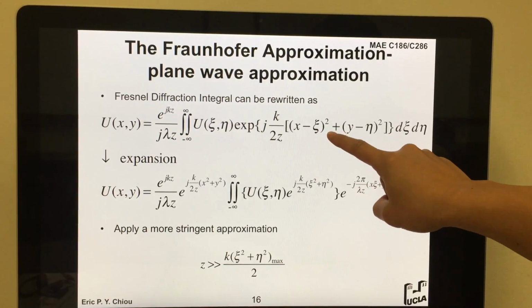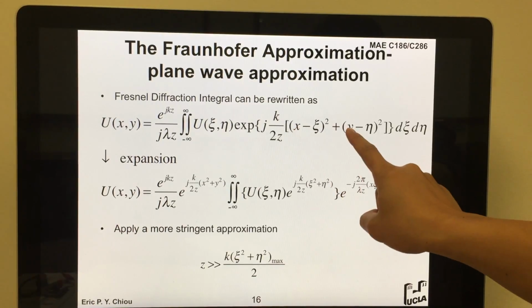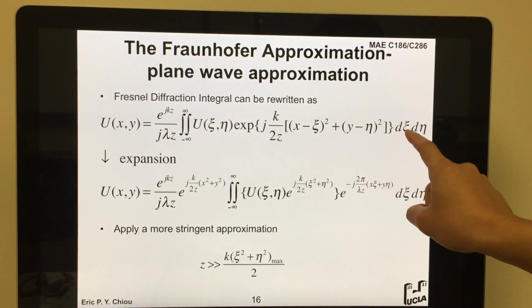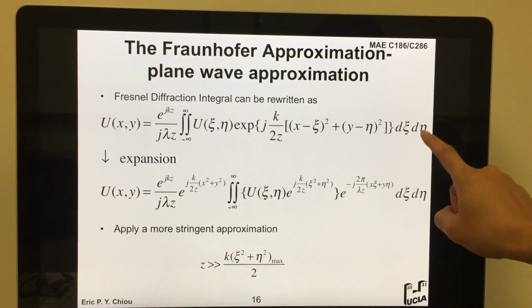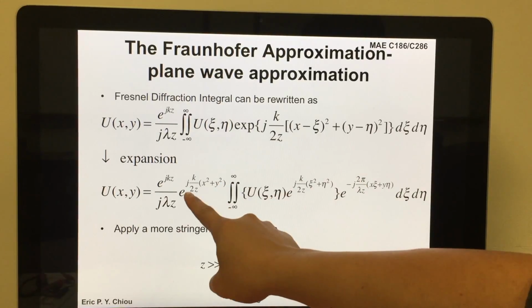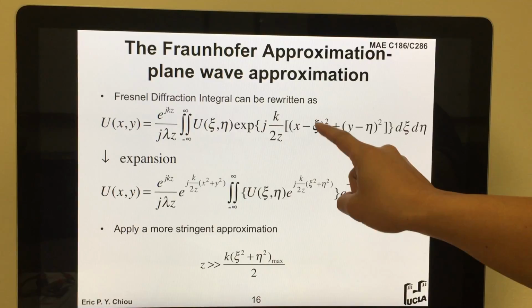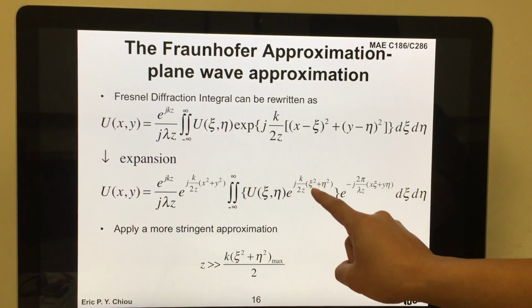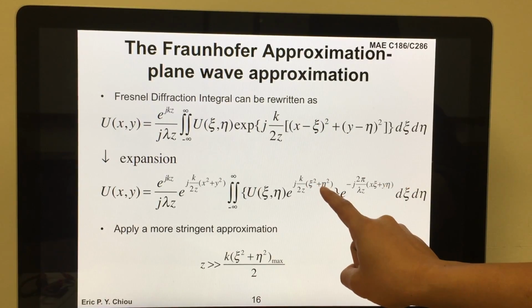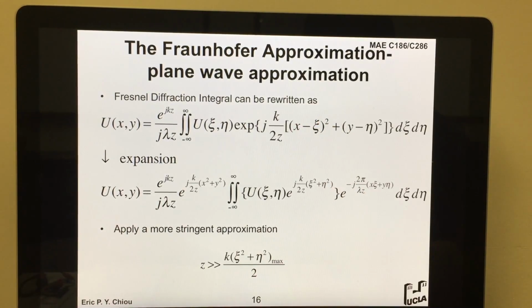We expand it so that you have this x square plus y square term, which has nothing to do with zeta and eta, so it can be moved out. Inside the integral, you have the zeta and eta terms, and you have this cross term, which is 2x times the zeta term.